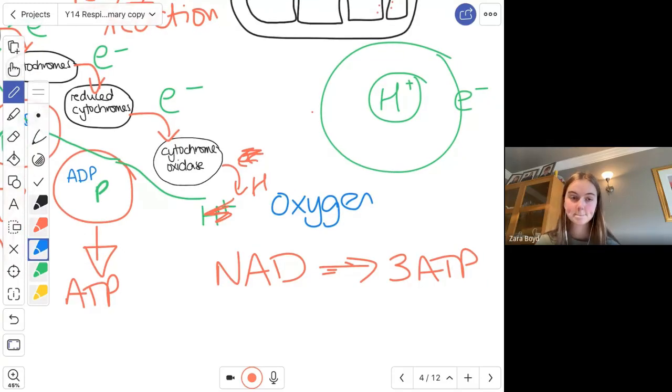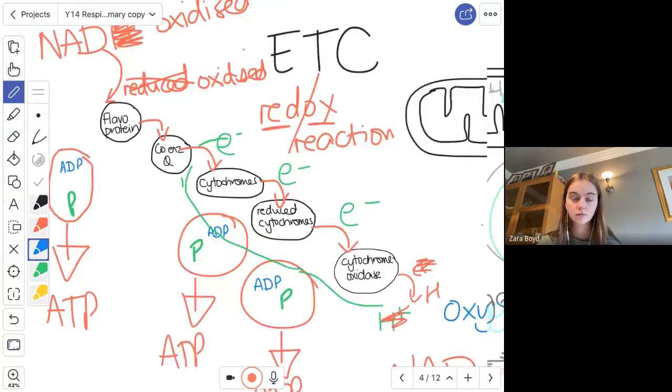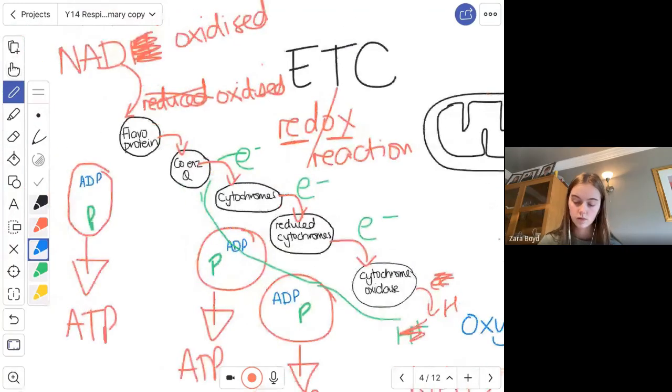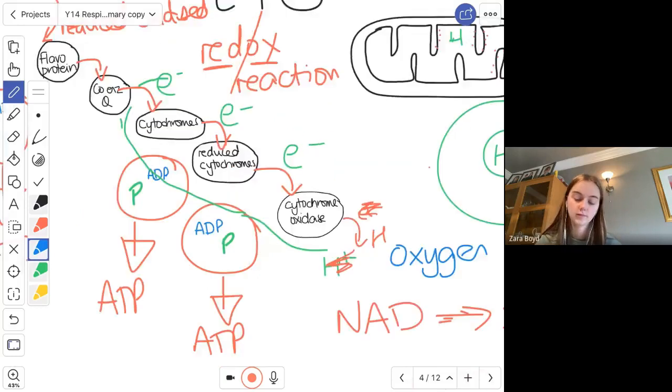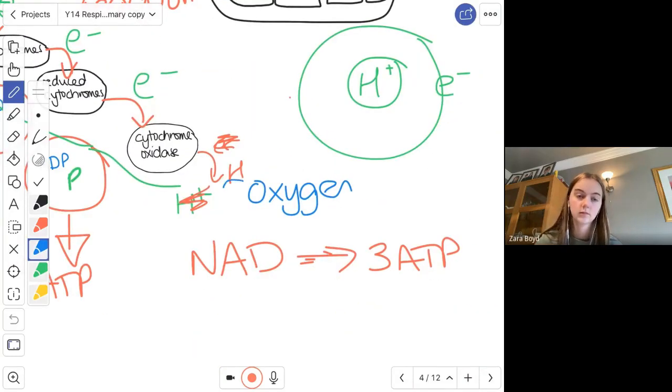Don't worry too much about the numbers of hydrogens. I did explain earlier that NAD really is associated with 2 hydrogens at the beginning, but it's written as NADH plus H plus. Don't worry about the numbers. Basically, oxygen picks up the hydrogen and the final product is water.